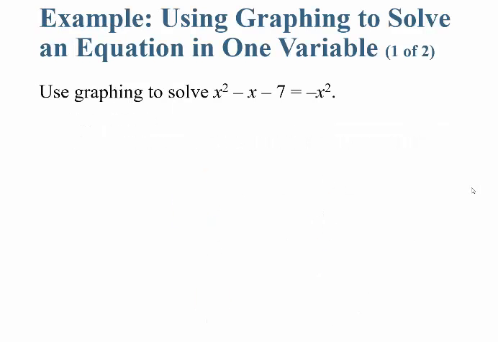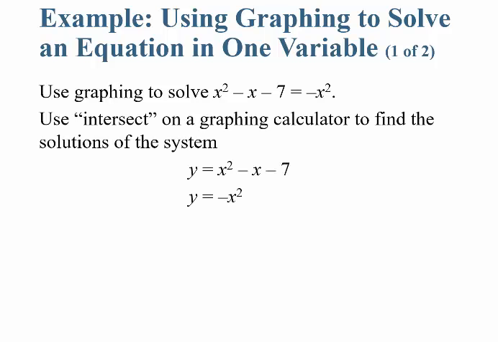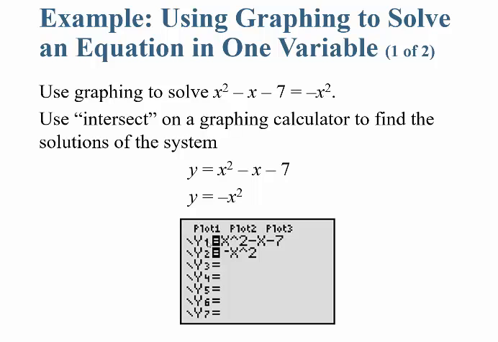All right, let's solve this one. We're going to solve by graphing, actually, in this case. I want to figure out when does x squared minus x minus 7 equal negative x squared? What we're going to do is plug this into our graphing calculator and use the intersect option. So we're just going to plug both sides of the equation literally into the graphing calculator, one under y1, one under y2.